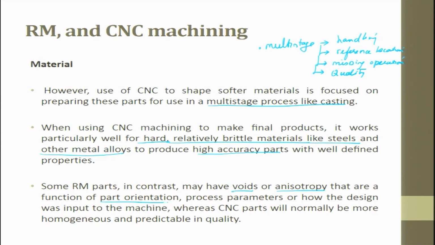That is why I was saying part orientation and process parameters play a very important role in deciding the quality of the output in rapid manufacturing, whereas CNC parts will normally be more homogeneous and predictable in quality, because here it is high accuracy. As I told you, the quality is also good. If it is single stage or multiple stage, dimensional and metallurgical properties have to be checked.